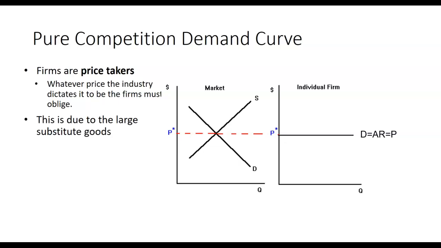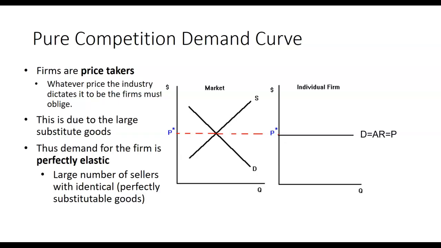The reason why it's so flat, so perfectly elastic, is because there's a large number of sellers and the goods are identical, meaning perfectly substitutable. Thus, the demand for the firm is perfectly elastic.